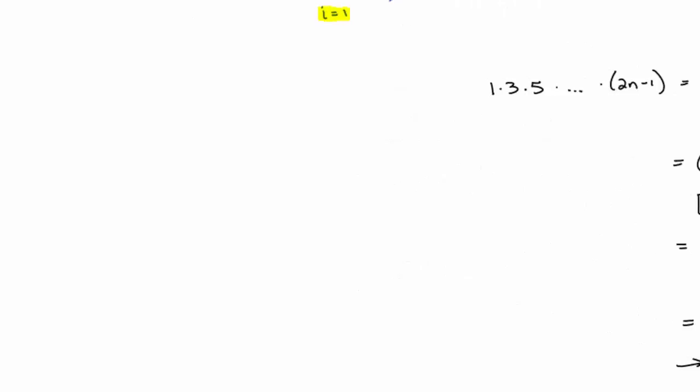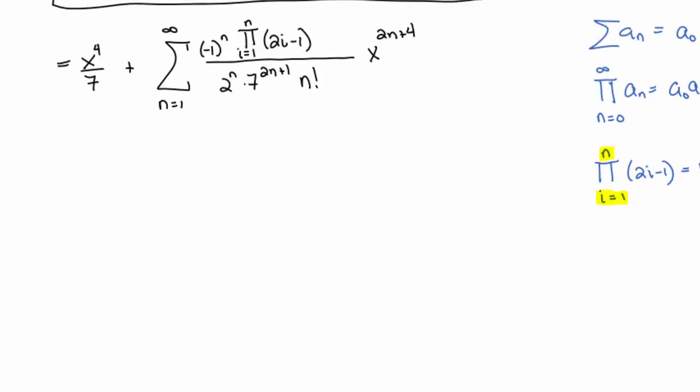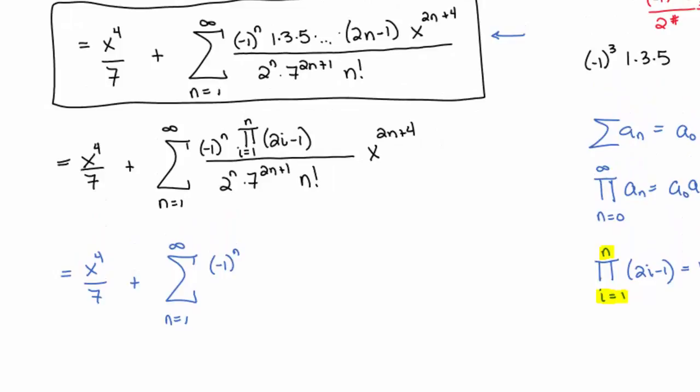So now I can actually go back to this problem. I'll write this in the blue here. So another way of having written this, you could say, is x to the fourth over 7 plus a summation n equals 1 to infinity. We still have negative 1 to the nth, but instead of a product of odds, I'm going to say, you know what?